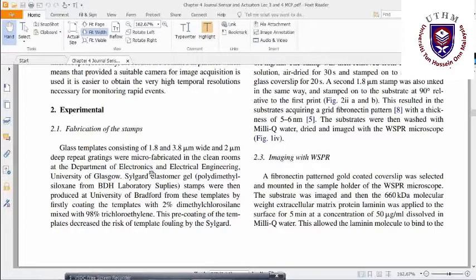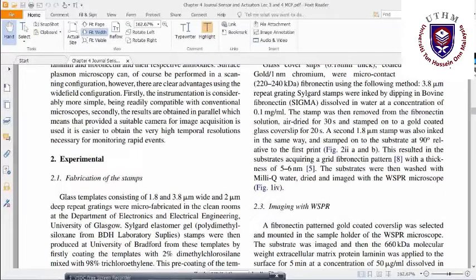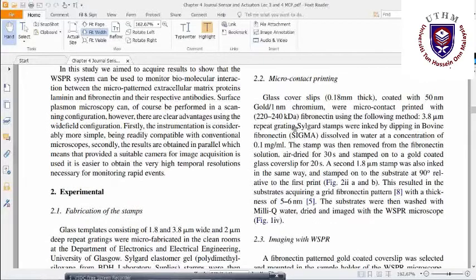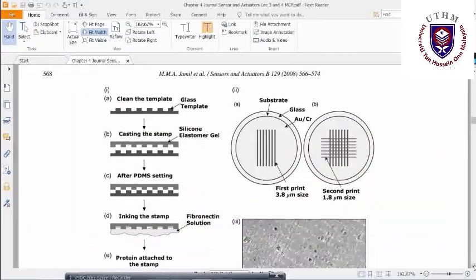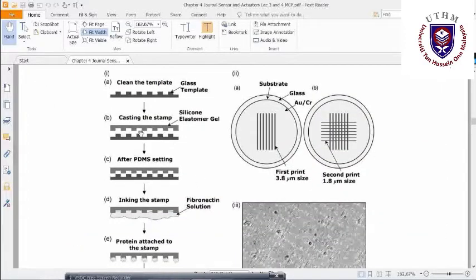In this study, we used 1.8 and 3.8 micrometer wide, 2 micrometer deep repeat gratings, so we created the stamp itself. The process is mentioned here. You can read it, but I will show you with the diagram, which will be much better.